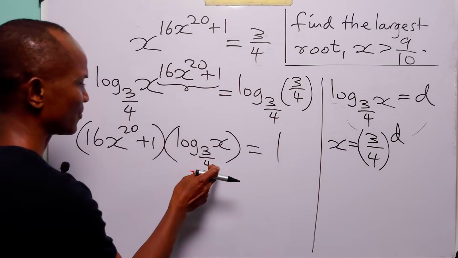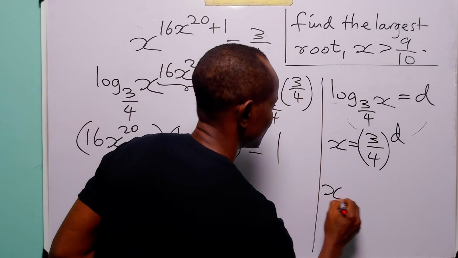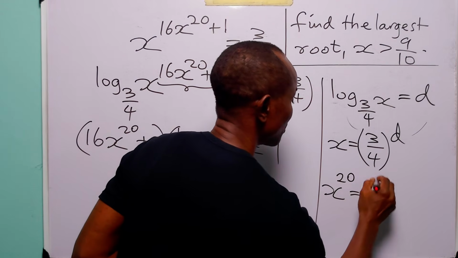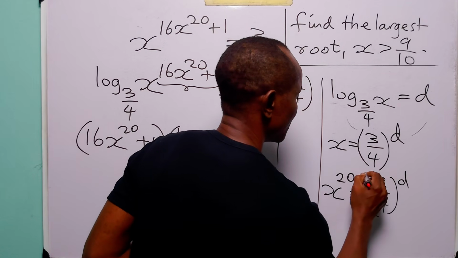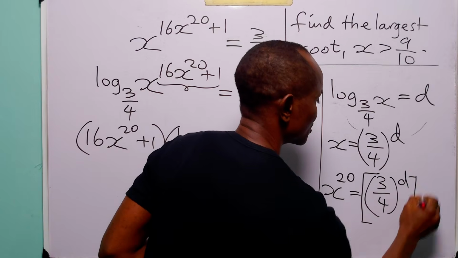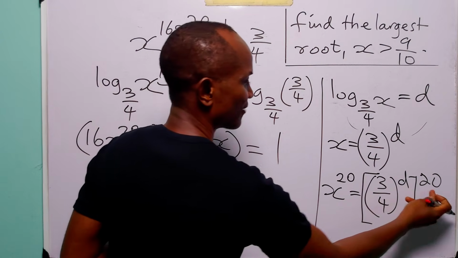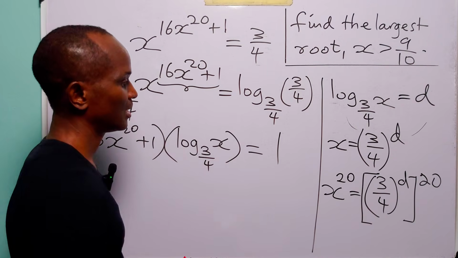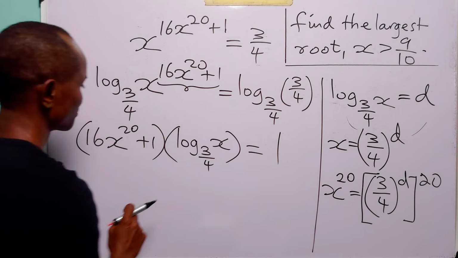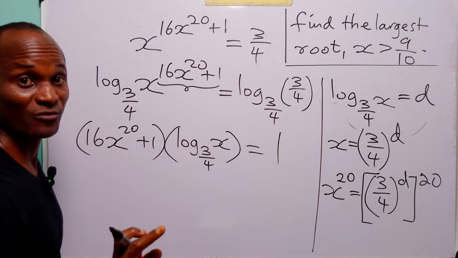And of course, from here, we now have that x to the power 20 is equal to 3 over 4 to the power d raised to power 20. But of course, you know that when we have two powers like this, all we do is to multiply both of them. Now, with this substitution, we can now rewrite this equation in terms of d.